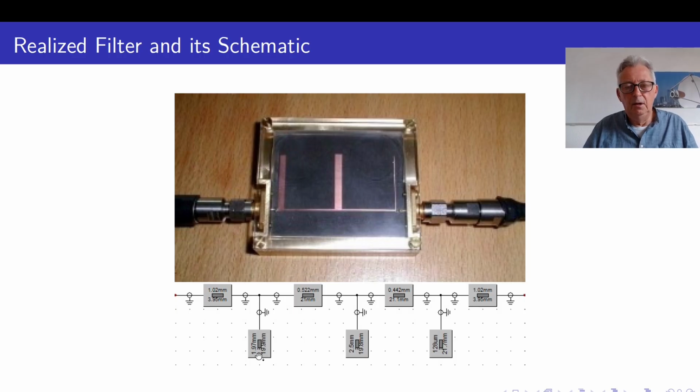So for example, this first stub has a width of 1.97 millimeter, and this stub a width of 2.5 millimeter, and here we have a very small stub. And of course, due to the different epsilon r, also the physical lengths of these stubs are different, and we have here the small transmission lines between the stubs.